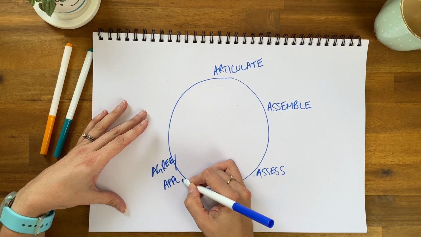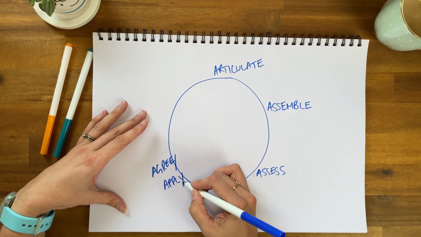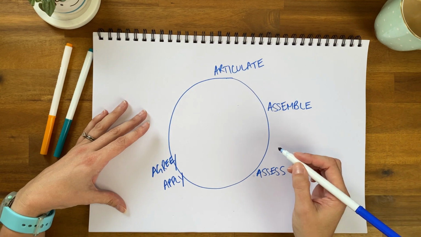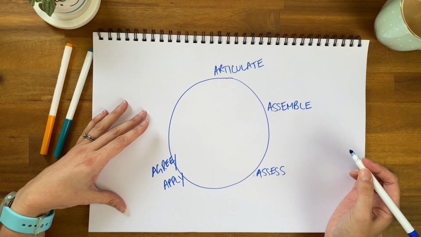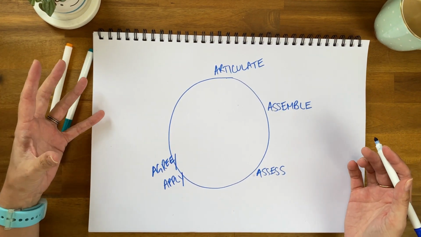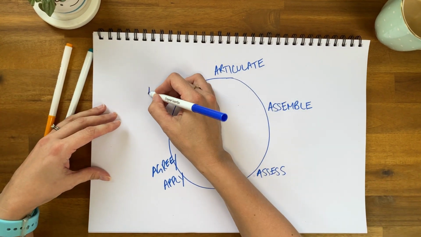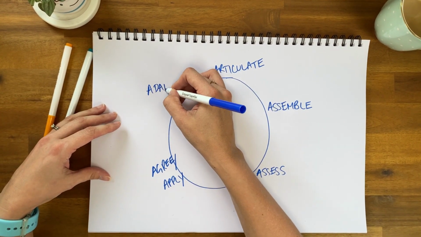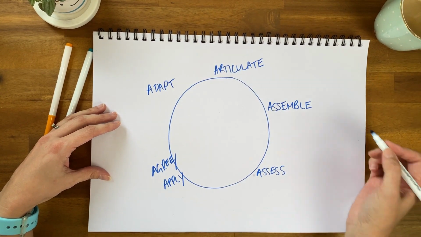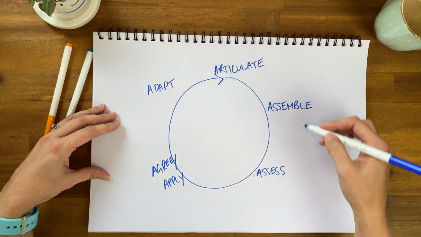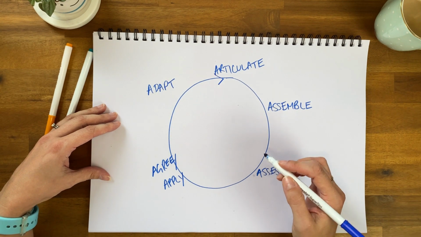An earlier version of the EBLIP process actually had apply until we later found out about the dynamics of teams and the decision making that happens in that context. So it was changed to agree, and then adapt. So we have this ongoing EBLIP process. We've got the 5 A's happening here.